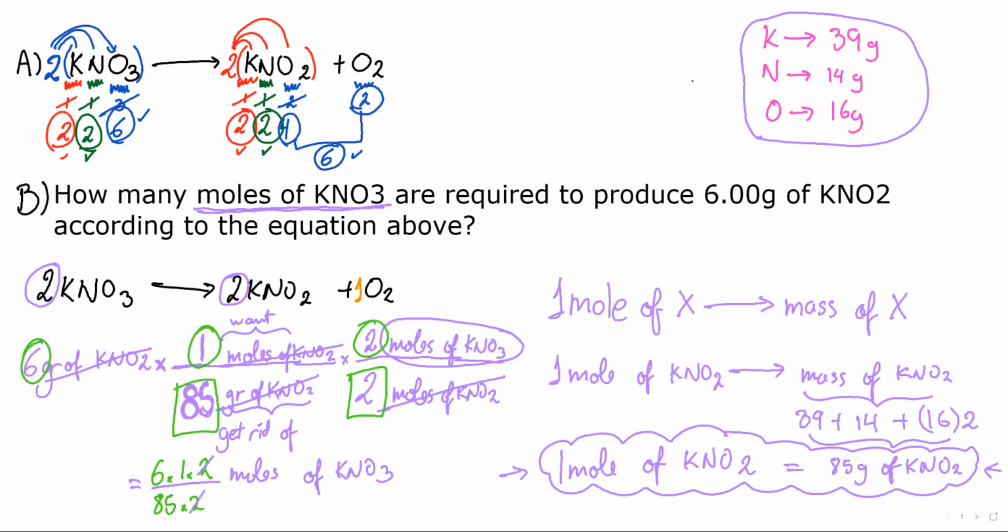These 2 with these 2 will cancel out. 6 times 1 is just 6. And 6 divided by 85 is equal to 0.07. 0.07 moles of what? Moles of KNO3. And that's your answer. Okay, that's how you do it.